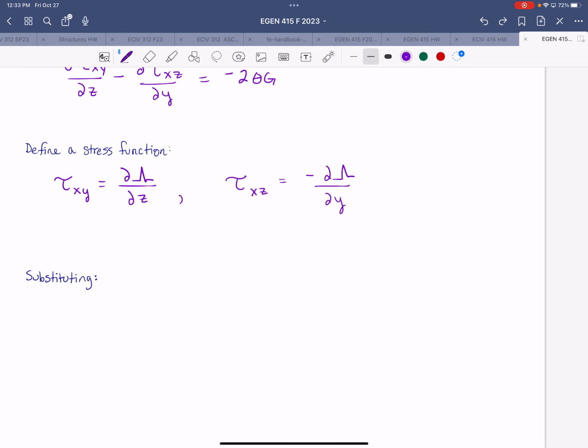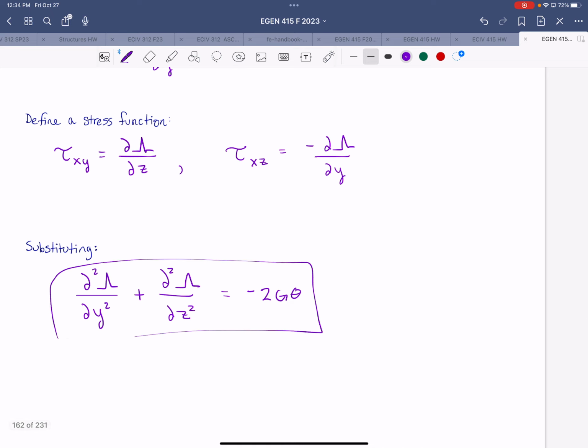All right, so making those substitutions now, we have the second partial derivative of lambda with respect to y, plus the second partial derivative of lambda with respect to z, is equal to negative 2g theta.